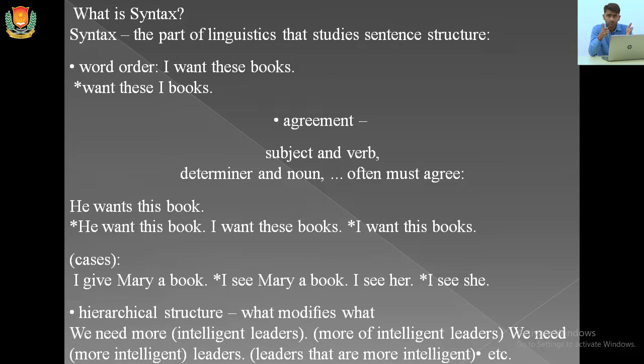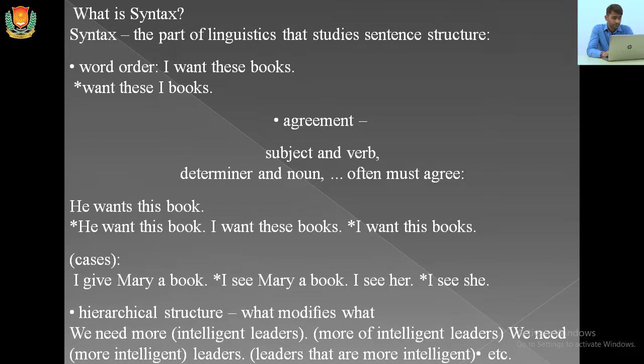So we cannot miss this pattern somewhere. If we miss it, we make mistakes. We commit mistakes. We cannot say what I have given in this PPT. I see her is grammatically correct, but we cannot say I see she.